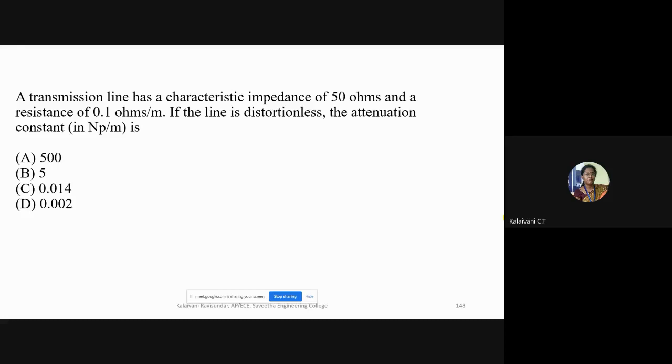A transmission line has a characteristic impedance of 50 ohms, so Z0 is equal to 50 ohms. The resistance R is equal to 0.1. The line is distortionless, so we have the condition for distortionless. The attenuation constant we have to find.